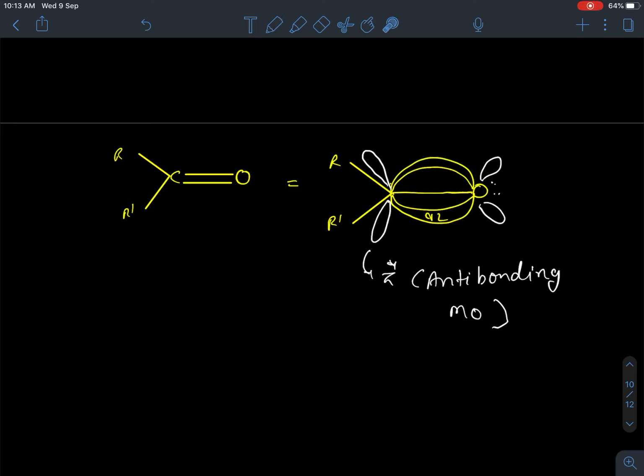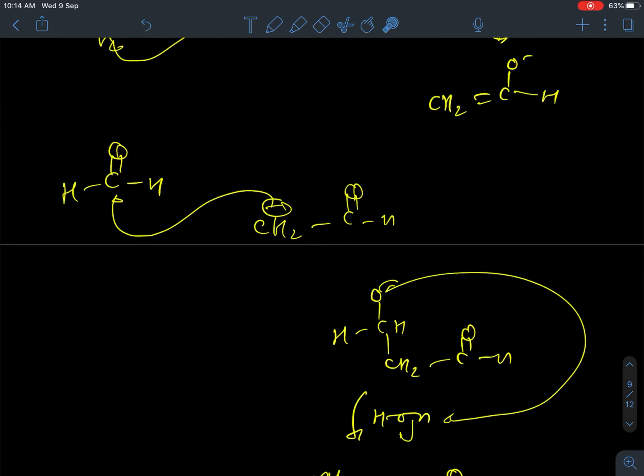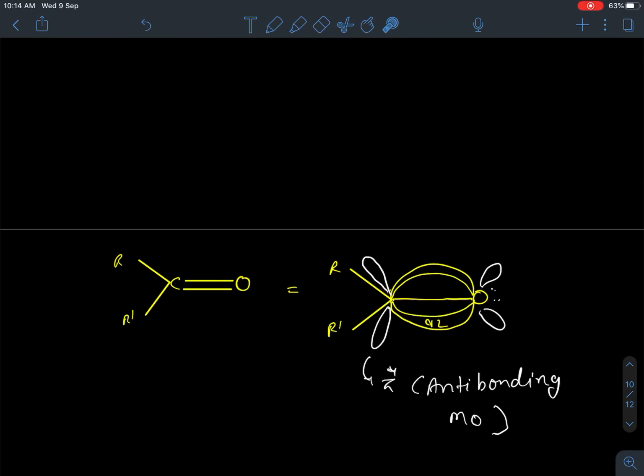Whenever a nucleophile attacks, in many cases if you look at the book, you will not get clarity on where the nucleophile is attacking from. Like in the previous case, I showed you attacking like this and this, so it is not giving a clear picture of which angle it is going to attack from.